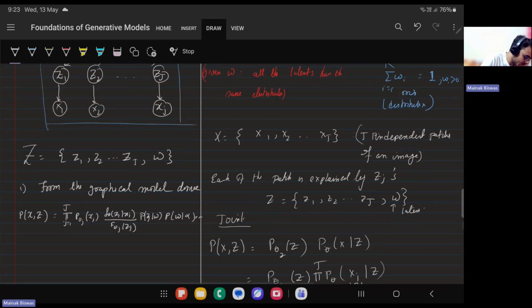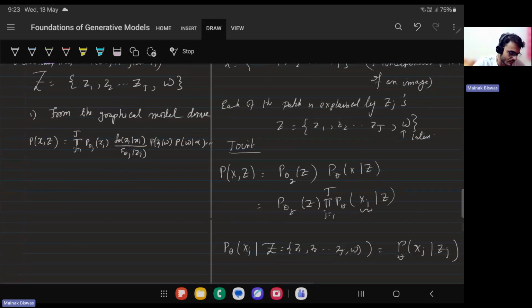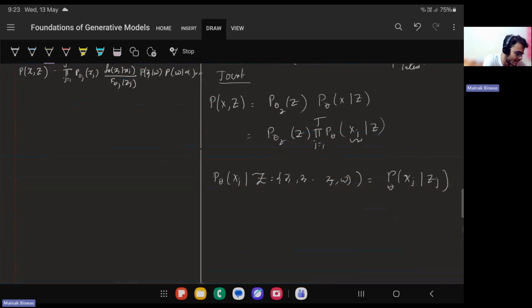Because you can see from the graphical structure, Xj is conditionally independent of everything given Zj. So if you are given this parent node Z1, you can completely infer about X1 and you don't need information about any X2, X3, omega and so on. So we know that the parent node completely explains the child node.